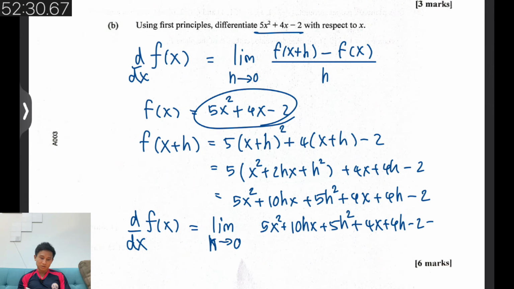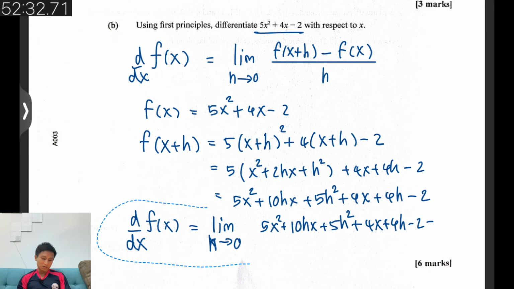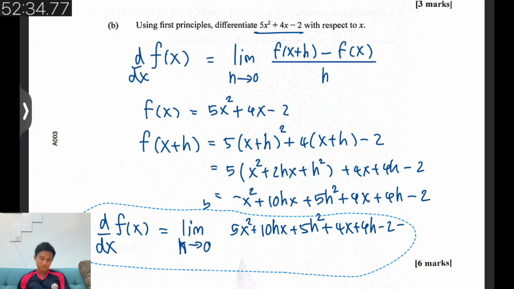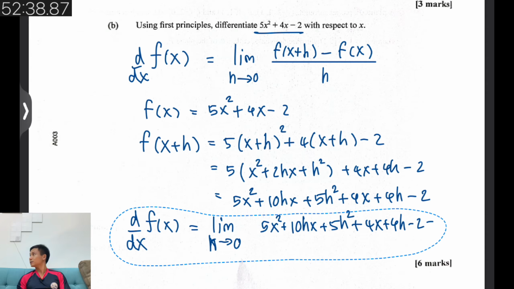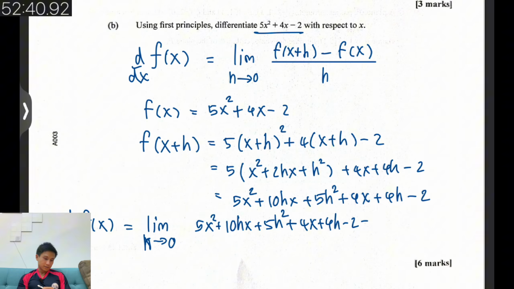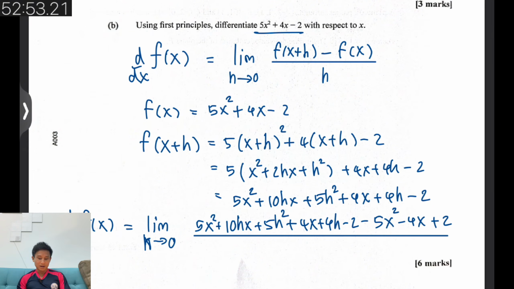Minus f(x), so we need to be careful with all the signs. You put a minus in front of this whole thing: minus 5x squared, minus 4x, but plus 2, because minus 2 is plus 2, all divided by h.